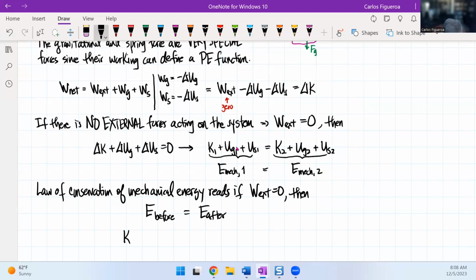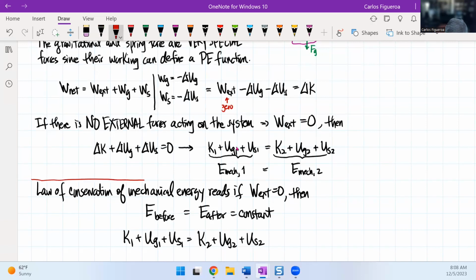This always has to remain a constant. So this quantity will never change if we don't have any external forces acting on the system.